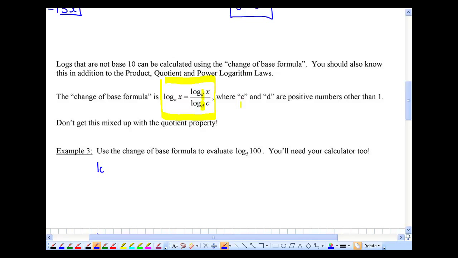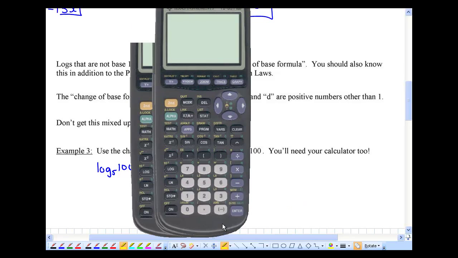By the change of base formula, I can write this as log base 10 of 100 divided by log base 10 of 5. Now, the 10 and the 10 I've arbitrarily chosen. It could be 8, it could be 9, it could be 12, it could be 1,000, whatever. Why did I choose 10? Well, because that's the one my calculator allows me to use. So all you need to do now is go to your calculator and punch this in. Well, let's see what we get.